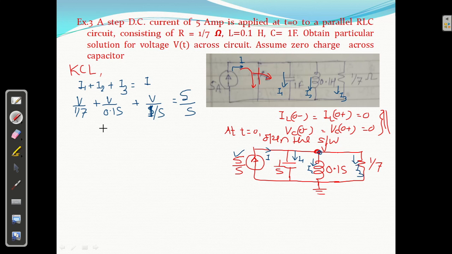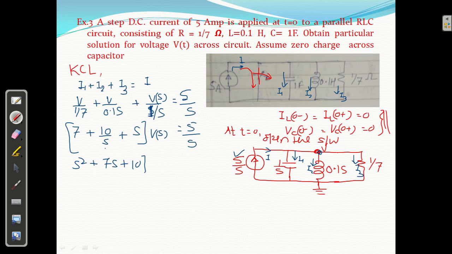So you will get 7 plus 1 upon 0.1 is 10 by S plus S, and I'm taking V of S common, equal to 5 by S. Okay, so this will be S square plus 7S plus 10, V of S equal to 5 by S. This S will be cancelled.